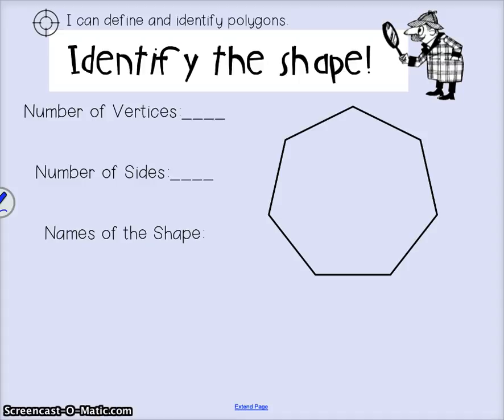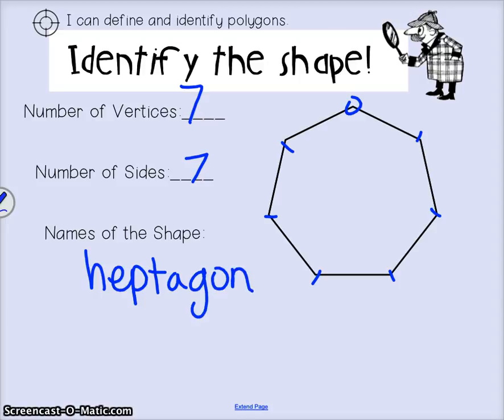Identify this shape. Count those vertices. 7 vertices. 7 sides as well. What is the name of this shape? It is a heptagon. Nice job.